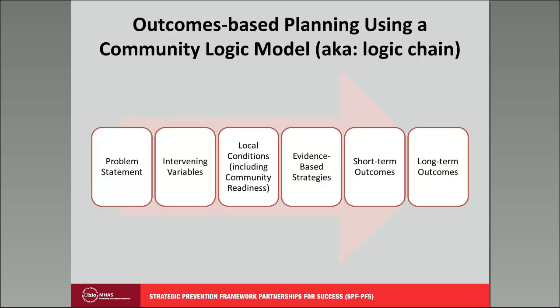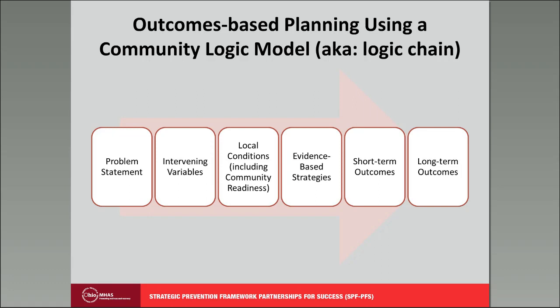Here's a full example of the logic model expressed as a logic chain. All of Ohio's SPF PFS communities have been working on a problem statement and identifying intervening variables. Our communities have also worked on doing focus groups or listening sessions and conducted community readiness assessments to determine what the local conditions are.